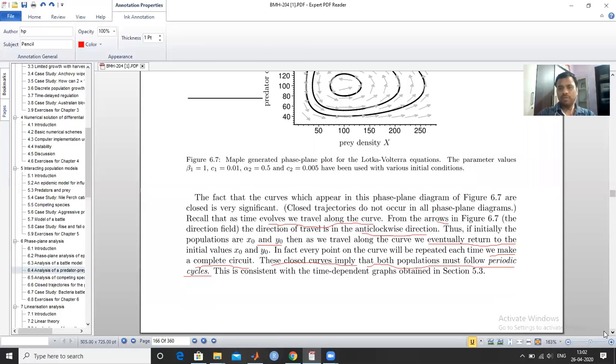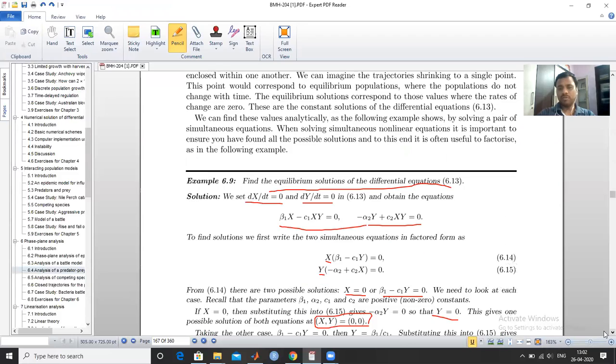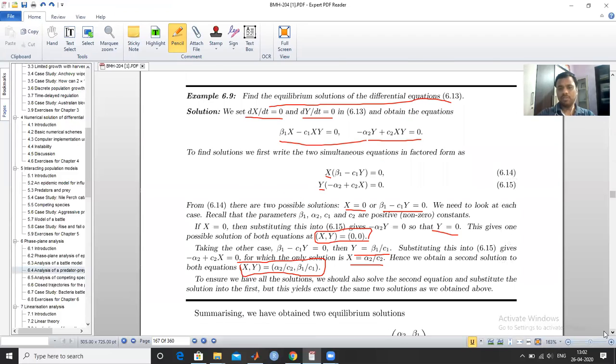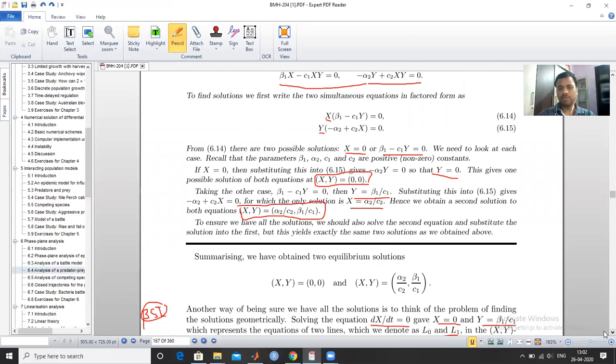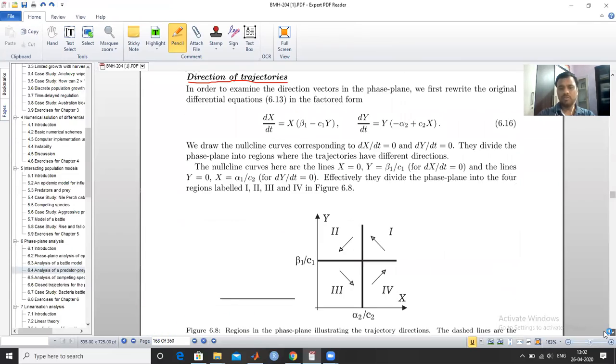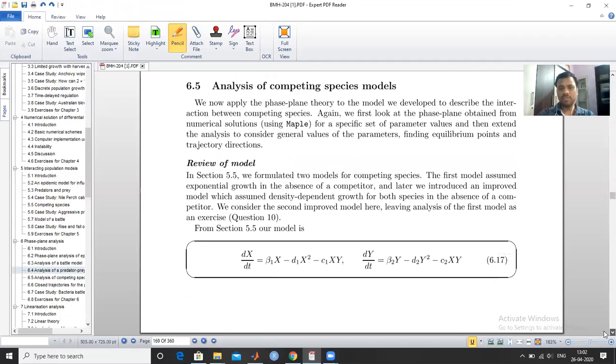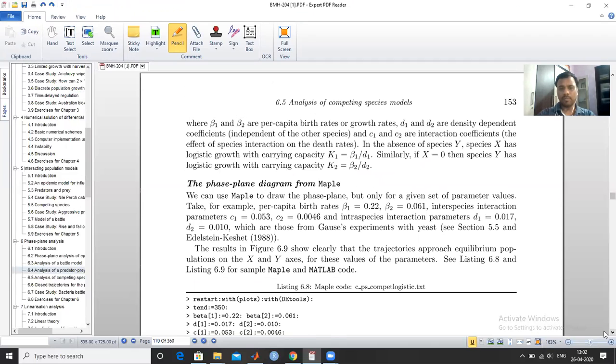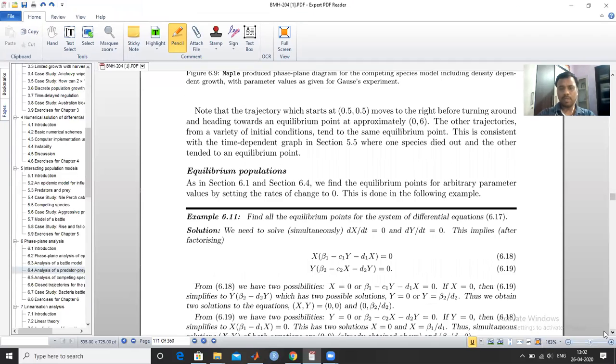So now we will try to find out how to trace out these trajectories.